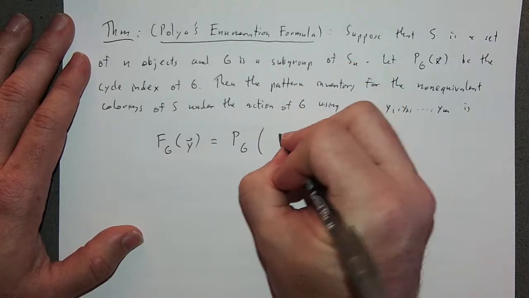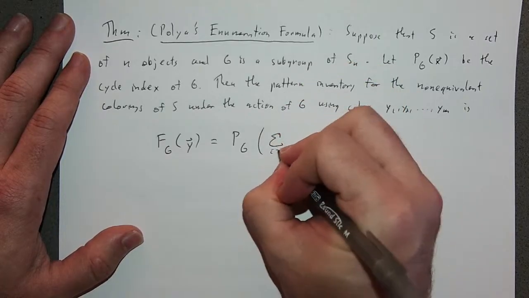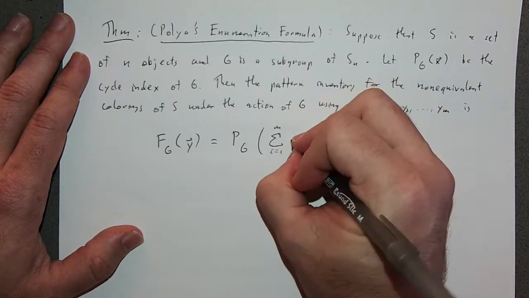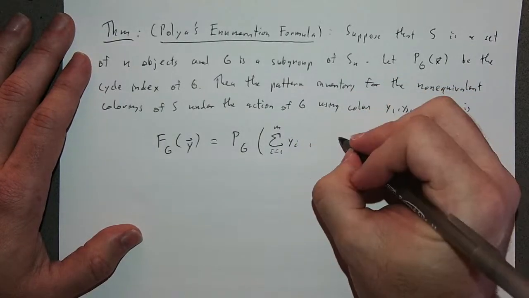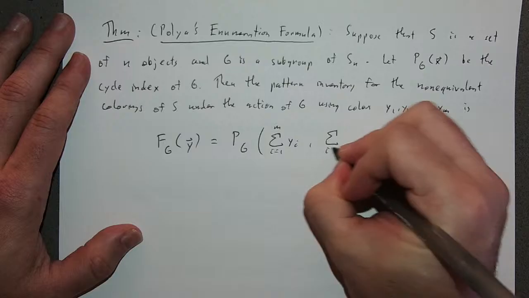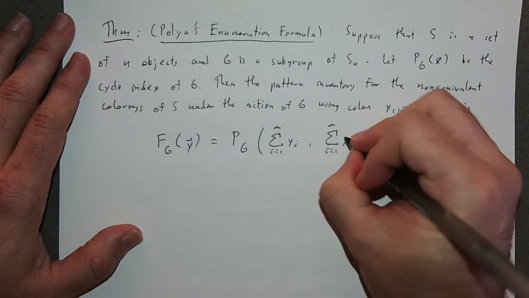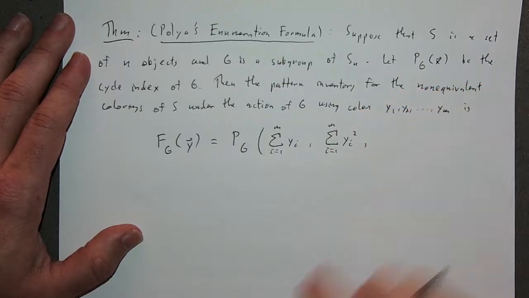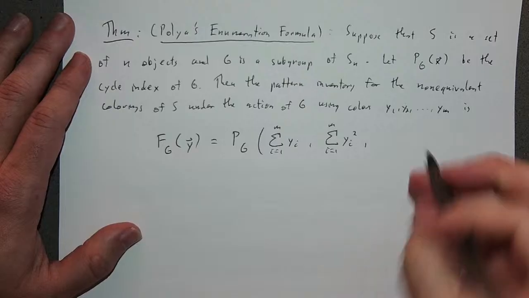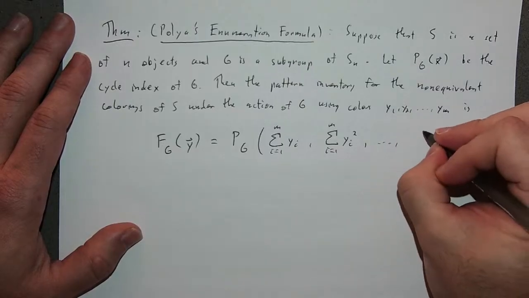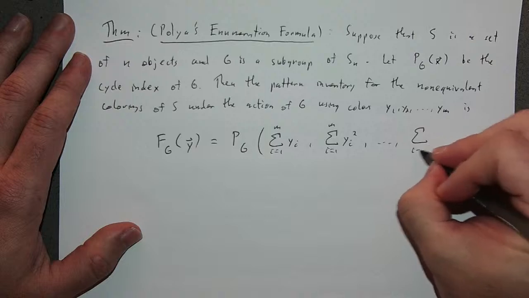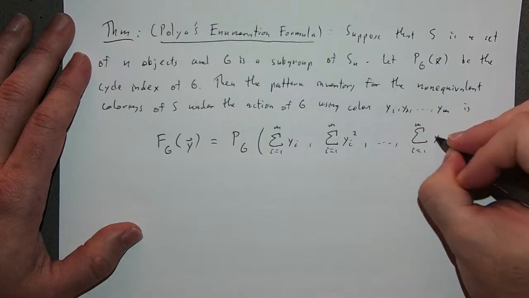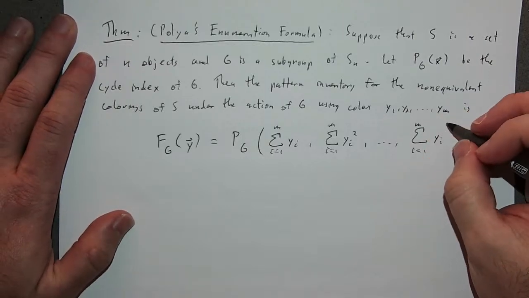That is the sum from i equals 1 to m of just y sub i to the first, the sum from i equals 1 to m of y sub i squared, and so on for every power, up to the sum from i equals 1 to m of y sub i to the n.